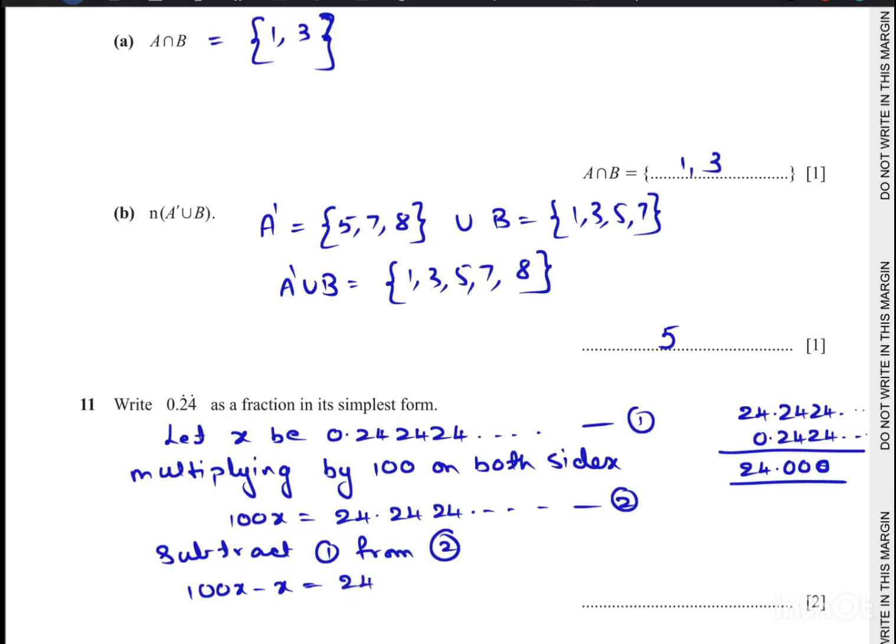Now 100x minus x is 99x. Bring 99 onto the other side, and you get x equals 24 by 99. To simplify, I'll cancel out with 3. 3 8s are 24, 3 33s are 99. So 8 by 33 is the simplest form.